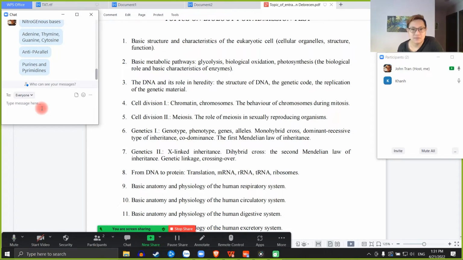Okay, good. What else then? You forgot to mention that the chain, starting from the phosphate groups, always goes from 5' to 3'.